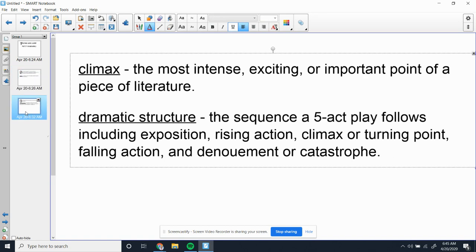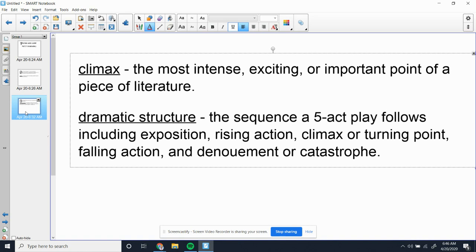All right, two more words. Our next one is climax. And again, this is part of a story. It is the most intense, exciting, or important part of a piece of literature. We are learning this term during Act 3 because one could argue the climax of Romeo and Juliet, in one respect, takes place in Act 3.